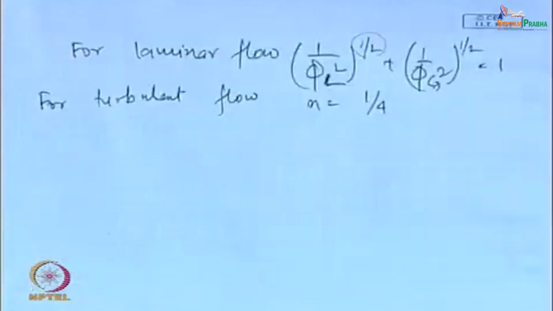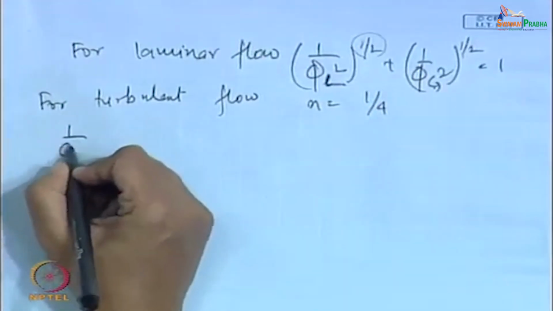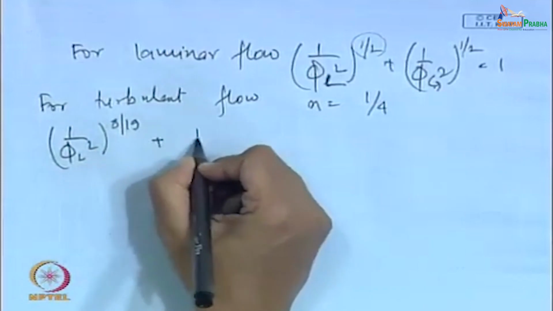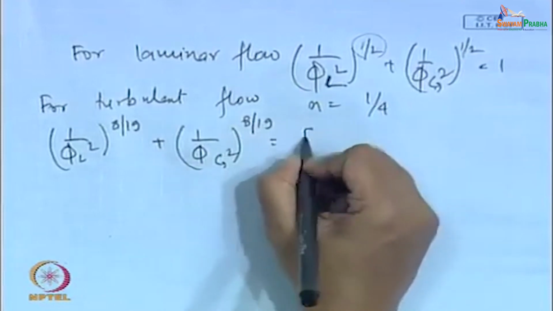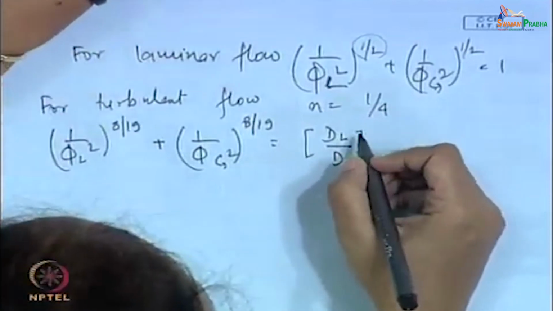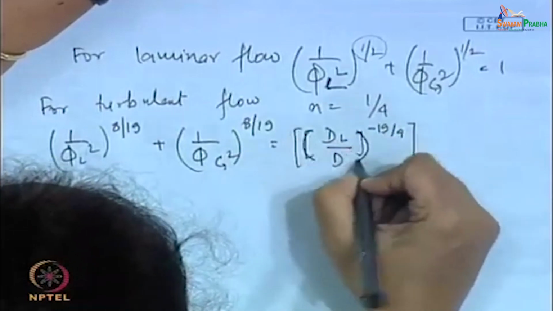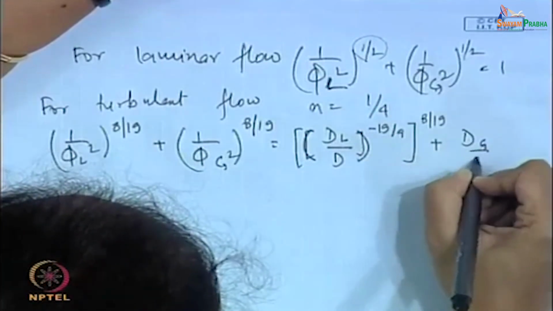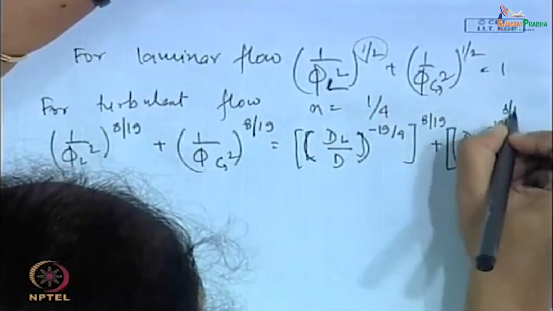So, for turbulent flow, assuming n equals 1/4, we find that (1 by phi L square) whole to the power 8 by 19 plus (1 by phi g square) whole to the power 8 by 19 is nothing but equal to (dl by d) to the power minus 19 by 4, into 8 by 19, plus (dg by d) again to the power minus 19 by 4, into 8 by 19.